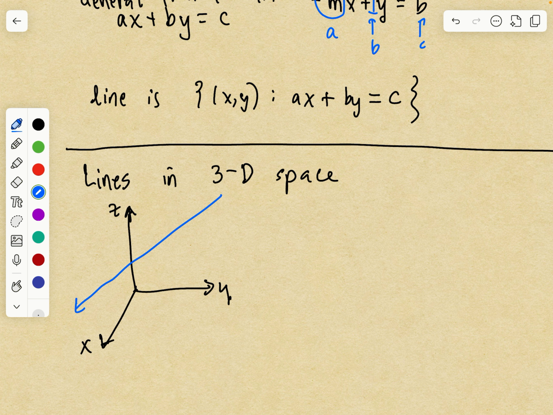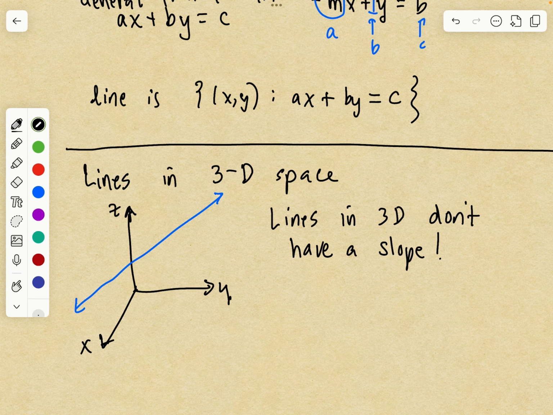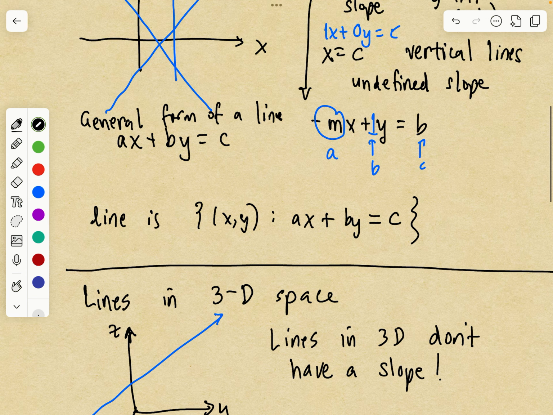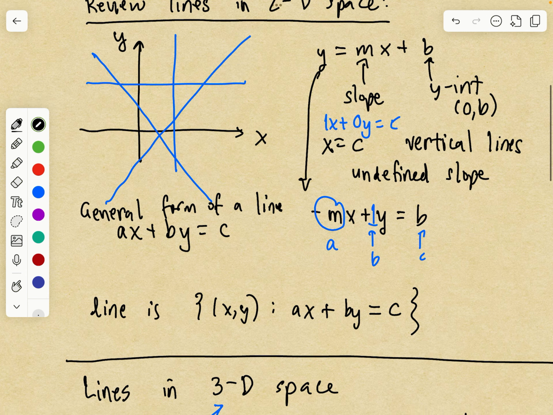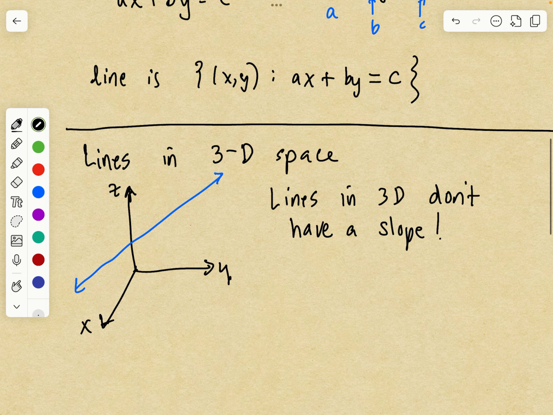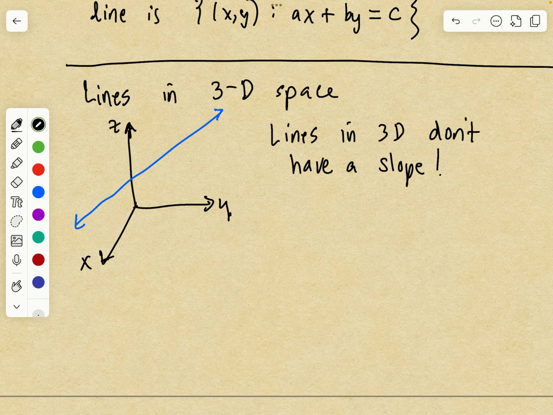It's a line that's going forever. So you're not going to have anything like y equals mx plus b, where m is the slope, because there's no slope. That's the main difference between lines in three dimensions and lines in two dimensions.